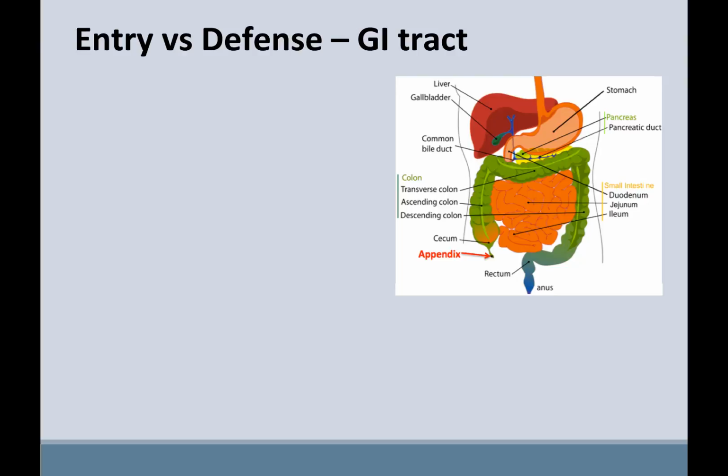Your gastrointestinal tract. Okay. You have both mechanical and chemical defenses, right? So you've got mucus, you make bile. Bile is not only important for your digestion, but it actually attacks bacterial membranes as well. You have acid in your stomach.